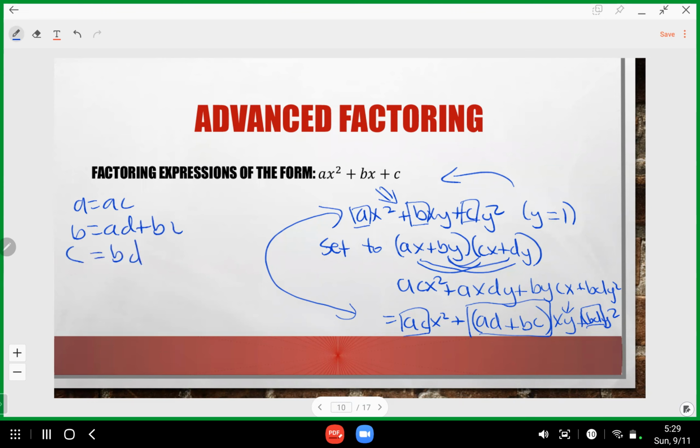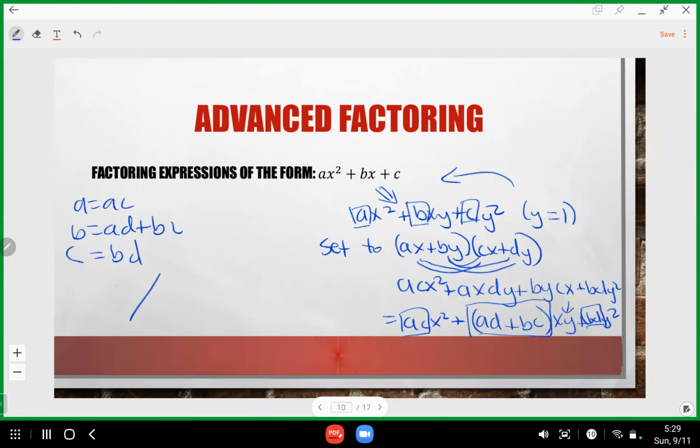Now if we want to factor all of this, we need to look at the factors, of course. When you factor x squared plus bx plus c, you look at the factors of c. But this time, we're not only looking at the factors of c, we're also looking at the factors of a.